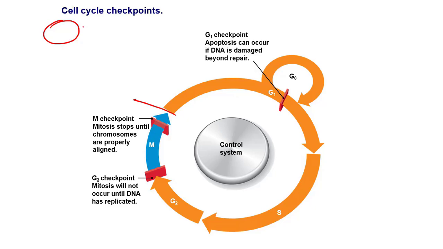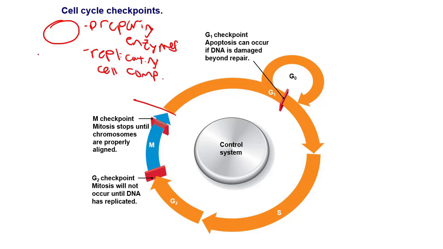It's going to start preparing some enzymes potentially for DNA replication during the S phase. And it's going to start replicating some cell components like mitochondria and ribosomes and things like that. And although all the checkpoints are important, I think the G1 checkpoint, in my opinion, is the most important, because this is where it all begins.